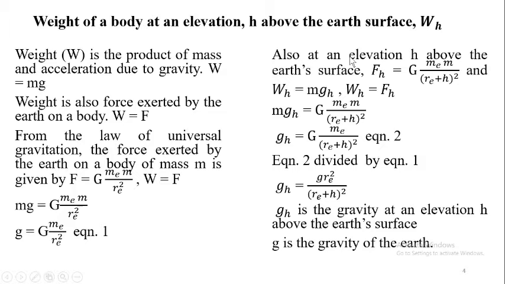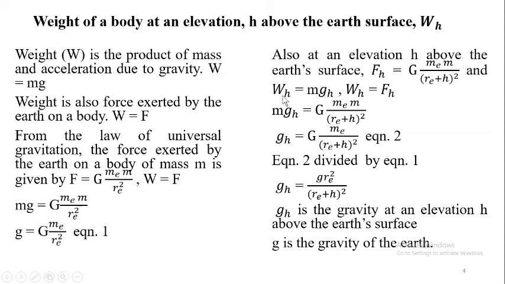Now, at an elevation h above the Earth's surface, by the universal gravitational law, F_h, the force at that height, will equal G times the mass of the Earth times the mass of the body over the radius of the Earth plus the elevation, all squared.